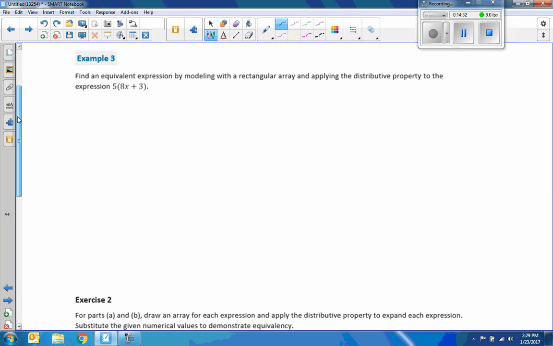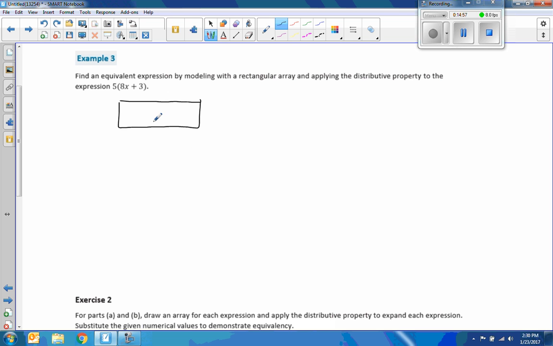Example 3. Find an equivalent expression by modeling with a rectangular array and applying the distributive property to the expression 5 times the quantity 8x plus 3. Okay, so I can just simply make a rectangle.